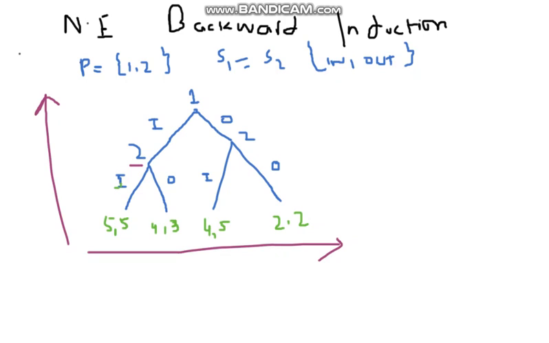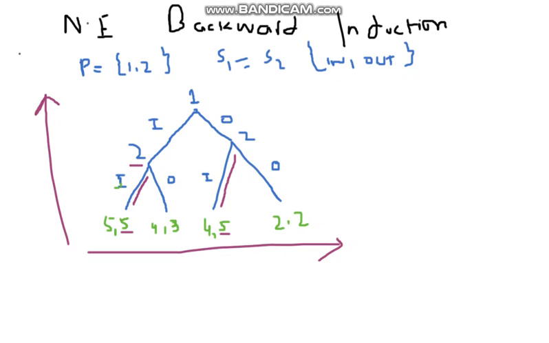Between 5 and 3, 5 is greater, so player 2 will choose the strategy of in, and in that case he will choose the strategy of in as well. So player 2 will choose in when player 1 chooses out, and in when player 1 also goes in.